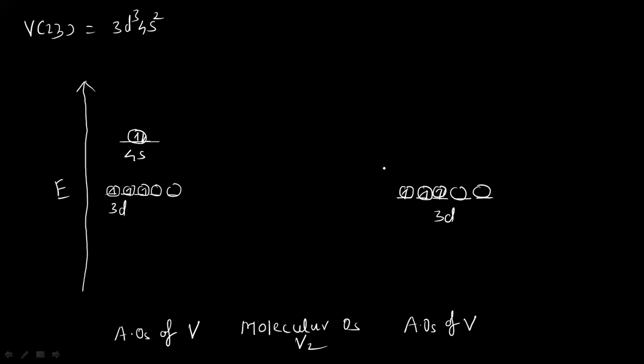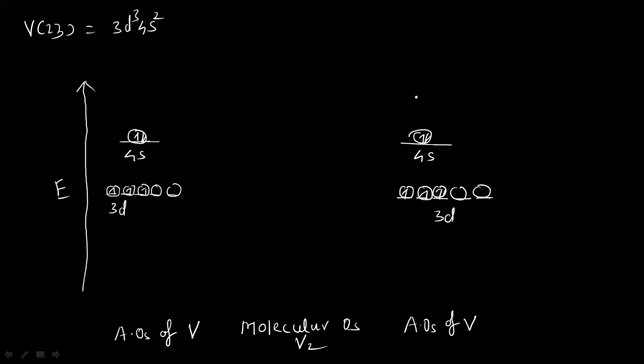And next one, it is the 4s orbital. So we have to represent the atomic orbitals of vanadium on the left hand side, and the atomic orbitals of the vanadium atom on the right hand side. Now show the formation of the molecular orbitals.